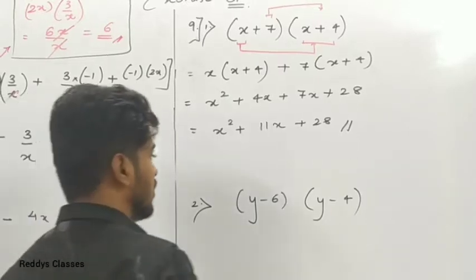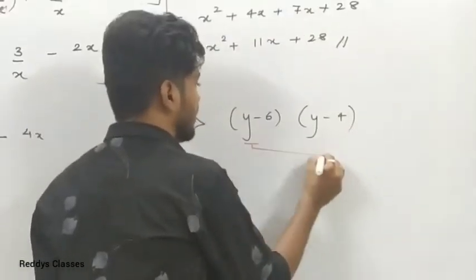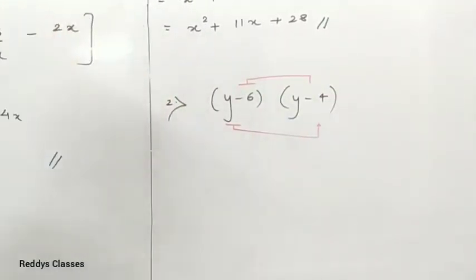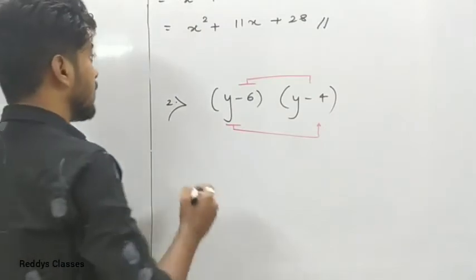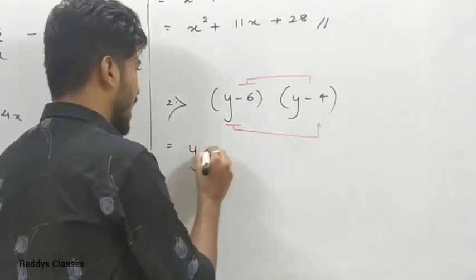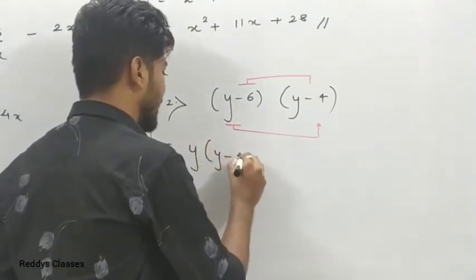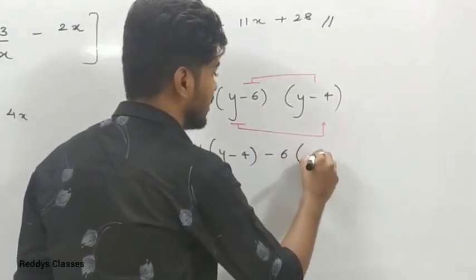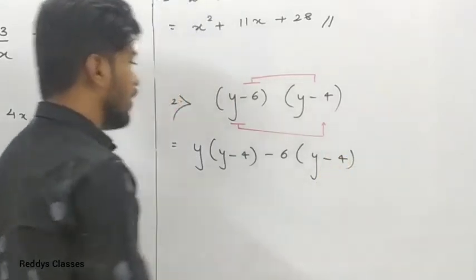See, for this question also, I am going to use this term with this whole and this term with this whole. So, what is going to happen? See, equals y bracket y minus 4. Then what I have here is minus 6. Let us use this minus 6. Once again, y minus 4.